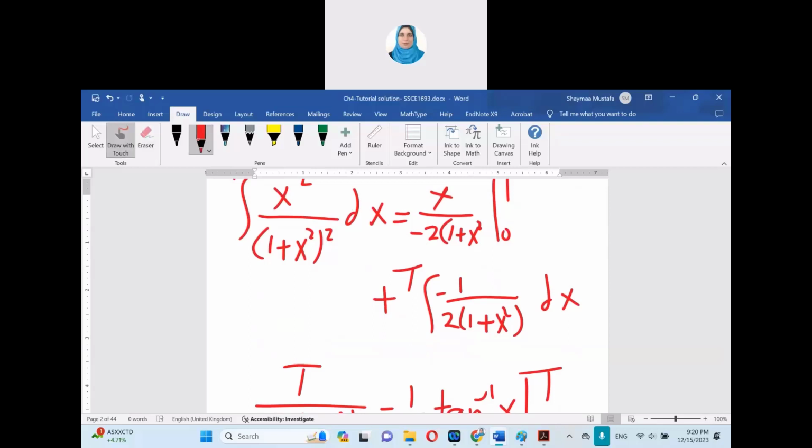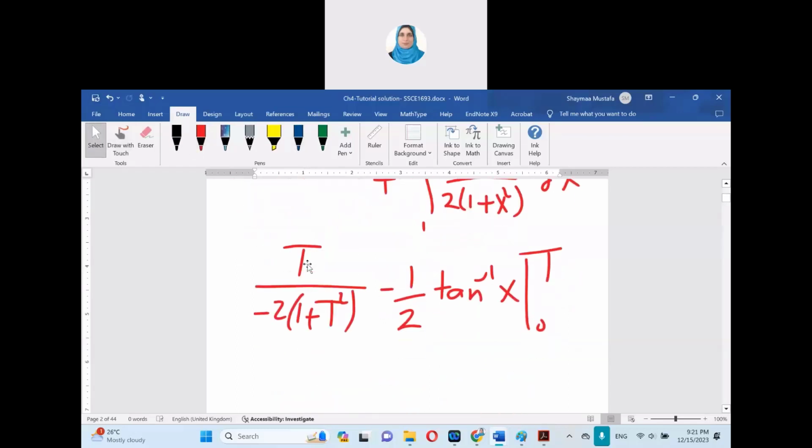This one should be 1. Here the integration should be 1. This one should be 1. Also this one should be 1.